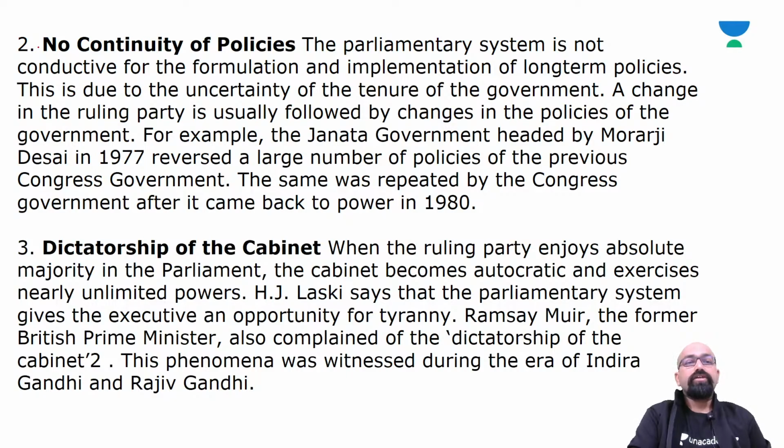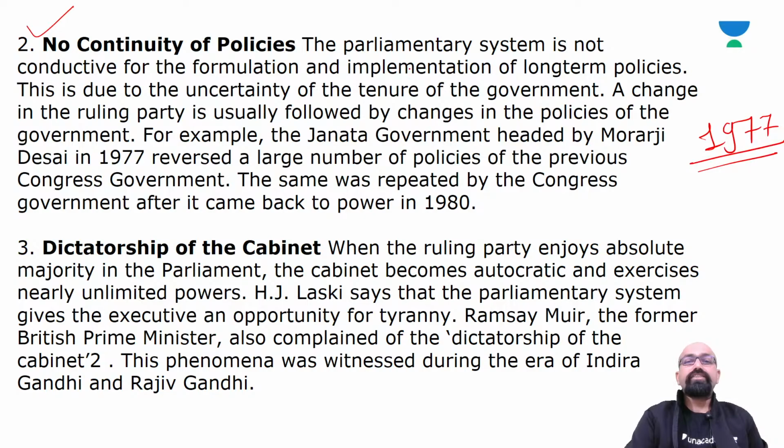Next demerit is no continuity of policies. So the parliamentary system is not conducive for the formulation and implementation of long term policies. For example, we can say the Janata government headed by Morarji Desai in 1977.